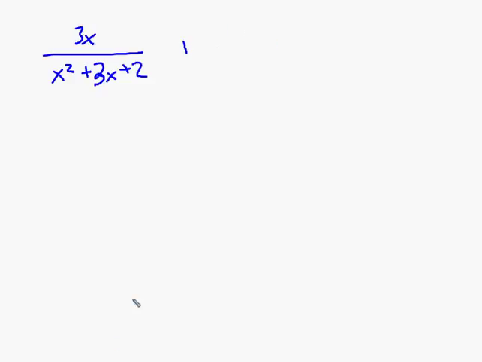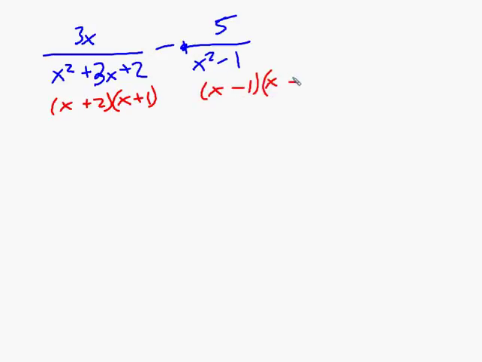Minus is fine. Minus 5 over x squared minus 1. There, that's better. Alright, so we factor this, and we factor this one, and we use that to determine what our common denominator is.